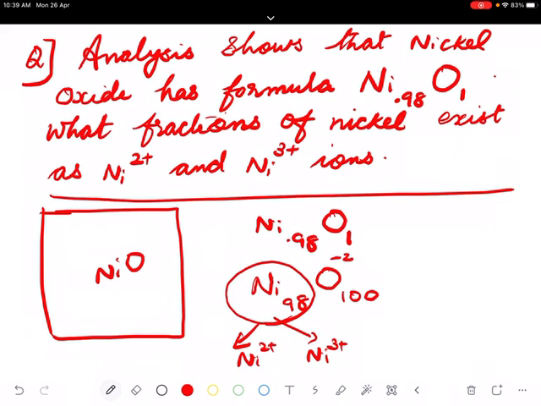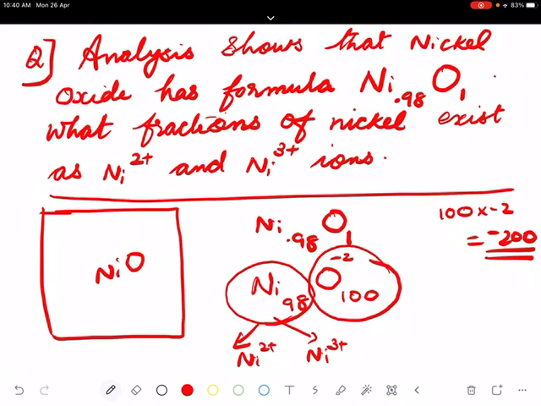So we know that the total number of positive charges are equal to the total number of negative charges. Total number of negative charges here, that is 100 into minus 2, 100 oxide ions are there. Each oxide ion carries minus 2 charge. So 100 into minus 2, that is minus 200.